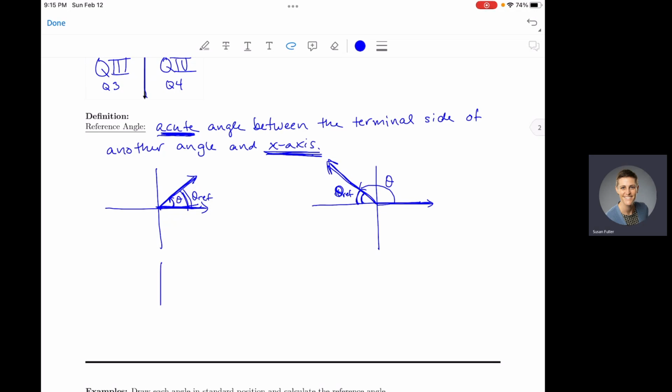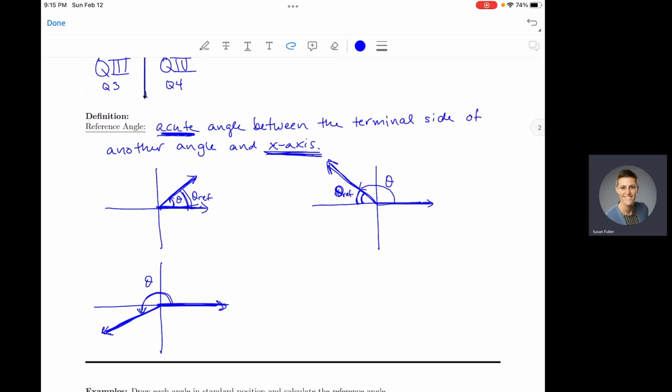Let's come to quadrant 3. What if my angle starts in standard position? So I have my initial side on the positive x-axis. Let's say my terminal side rotates into quadrant 3. So that means my original angle is all of this because my terminal side started at my initial side and rotated all the way around into quadrant 3.